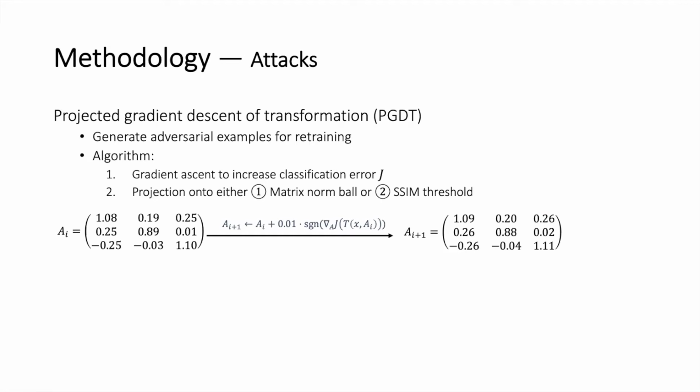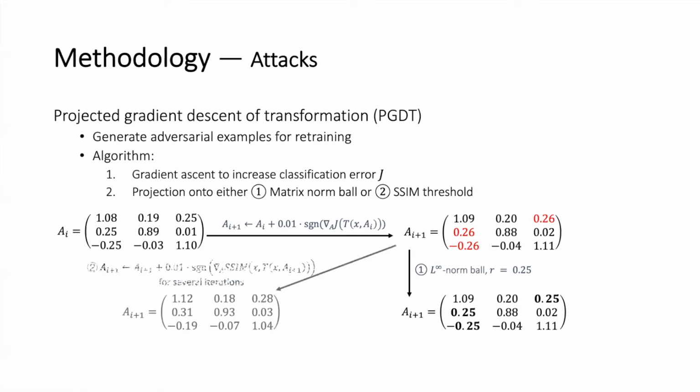For example, we can project the matrix to an L infinity norm ball centered at the identity matrix. Here in the example, the radius is 0.25. Or we can also project the matrix so that the SSIM value is higher than some threshold. This is also achieved via iterative gradient ascent.